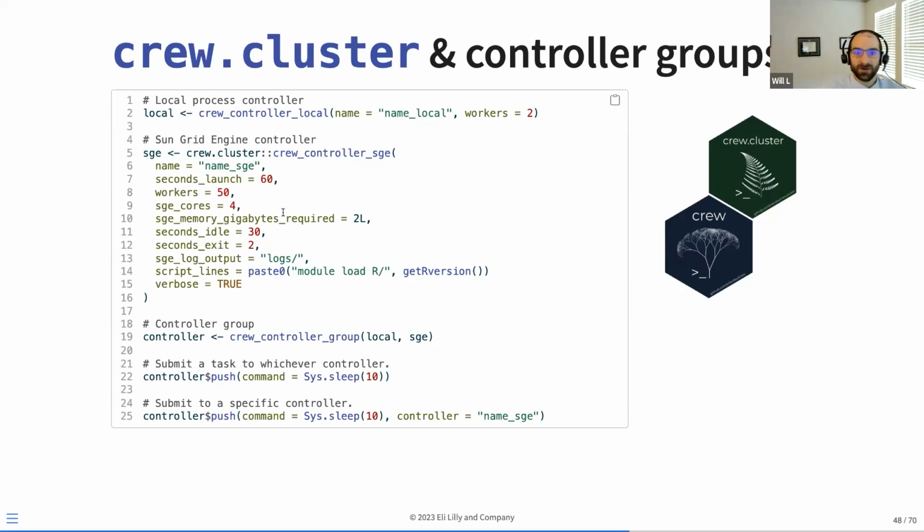You can give it all kinds of configuration settings for resources, for environment modules, etc. And then when you push a command like usual, it'll just submit the job to the cluster instead of running it locally. And here I've actually created a controller group with the local controller and the Sun Grid Engine controller, and selecting the right controller for the task is just a matter of specifying the controller name that you've given it in the name argument here.